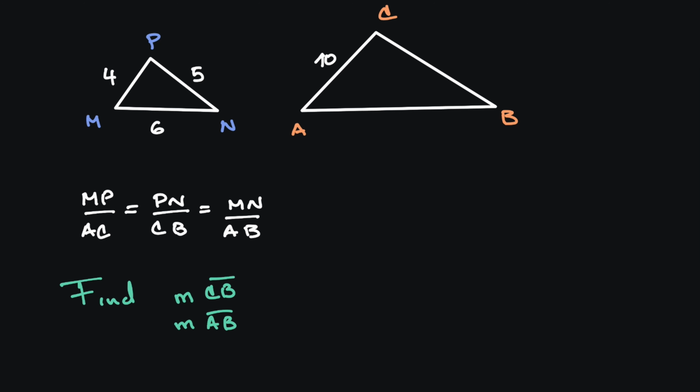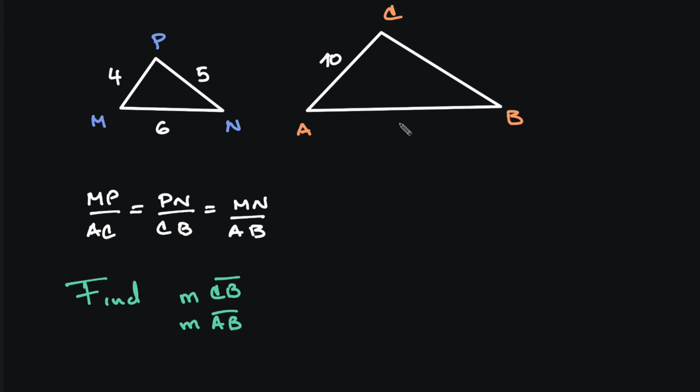So I don't have to write all this notation for segments, I'm going to call this X and this Y. We're looking for X and Y. These proportions are given, so we know they are true in these triangles.